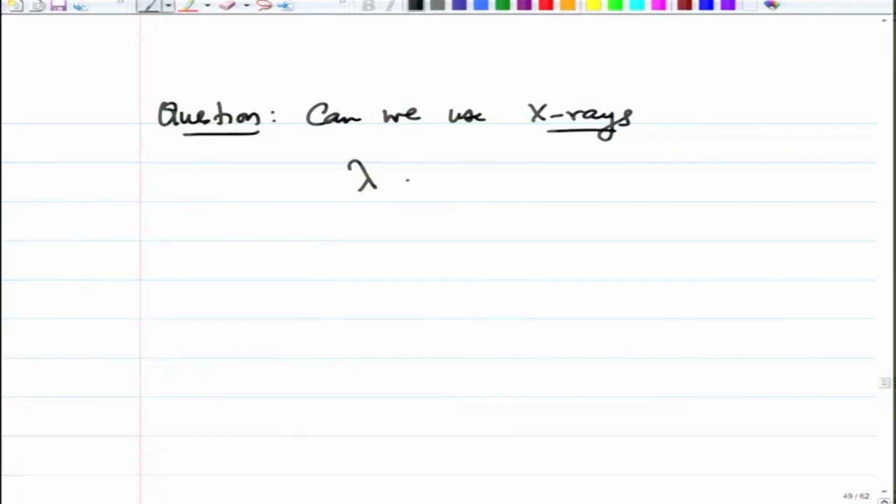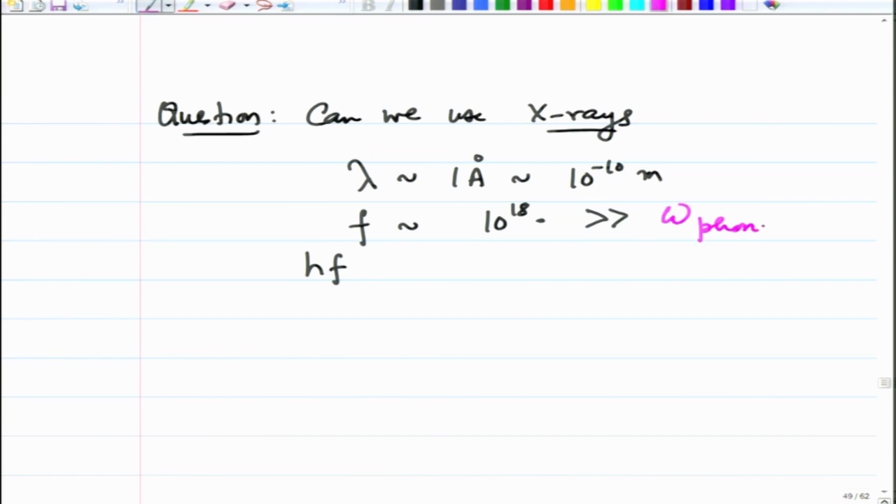So, lambda is of the order of 1 angstrom, which is 10^-10 meters, and therefore, the frequency of X-rays is of the order of 10^18. So, hf corresponds to this frequency, which is much larger than omega phonon, right. ħω phonon was of the MeV range.